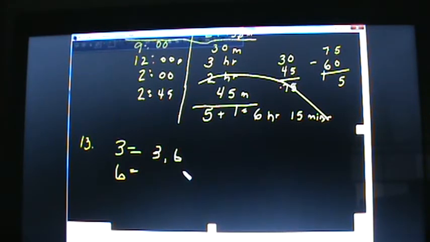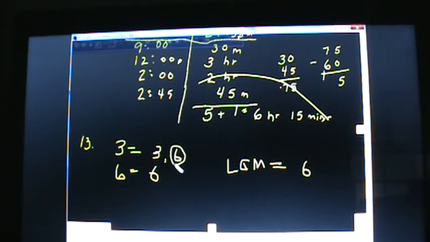I'm going to stop right there. The reason I'm stopping is because my second number is a 6. 6 times 1 is 6. So my least common multiple is going to be 6. It's the smallest number they have in common.